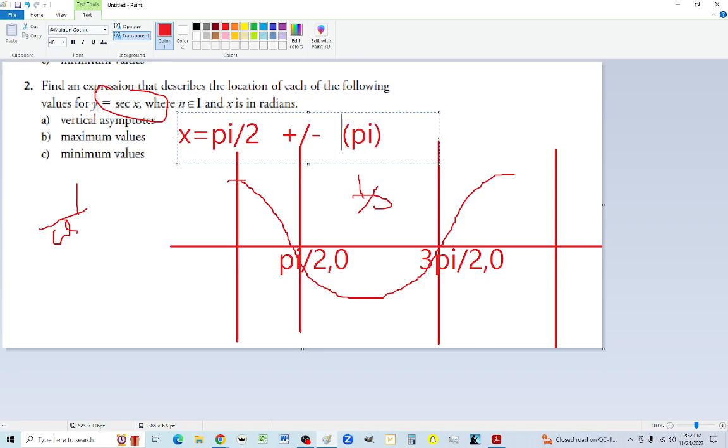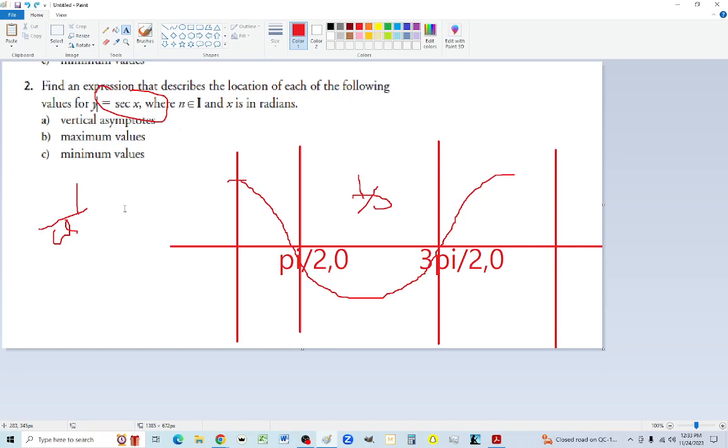Where will you find the max values? The max values are interesting because you will not find a max value. As the cosine values get less than 1 but close to 0, the curve of the secant goes way up, and there is no real max value because there is no real number down here that can exist.